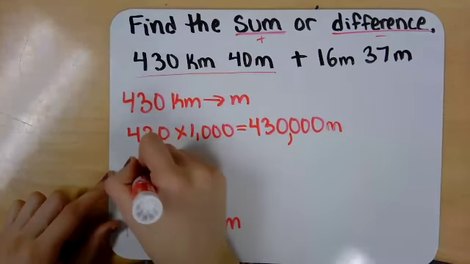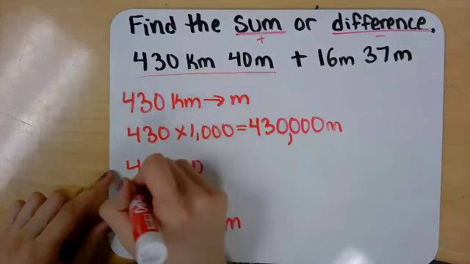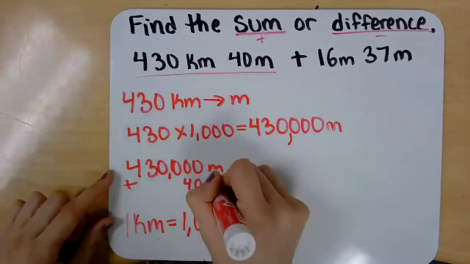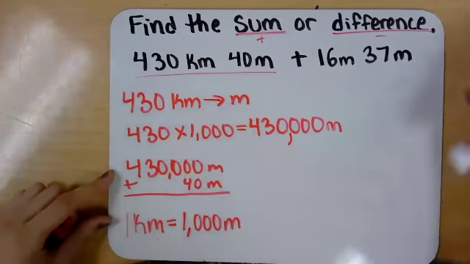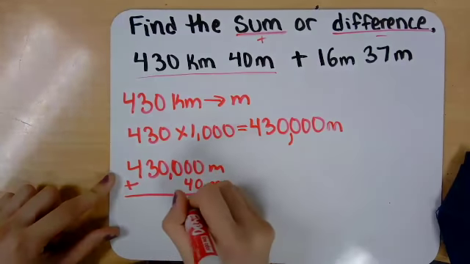So we do 430,000 plus 40. Okay, we'll get rid of this. All right, and we'll add these numbers all up.